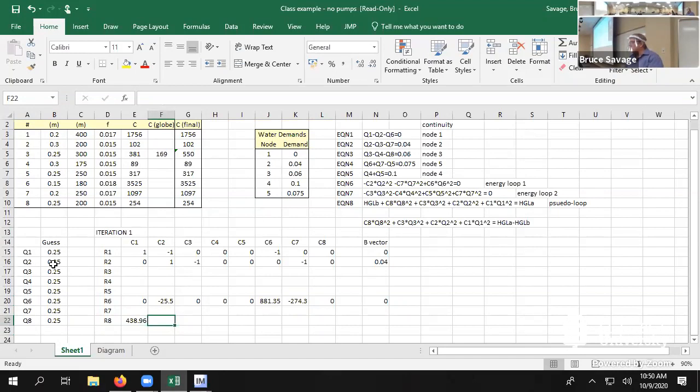It's going to be the same thing all the way across until, note that over here on the hydraulic grade line, I'm going to put the hydraulic grade line of A in, which is 132, minus the hydraulic grade line of B, which is 120. And so once I fill all those cells in with the appropriate zeros and everything else, now I can use the same methods that we used for the 3 reservoir problem to solve this pipe network.